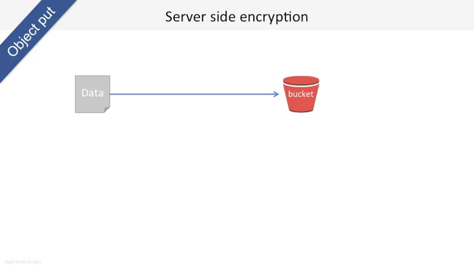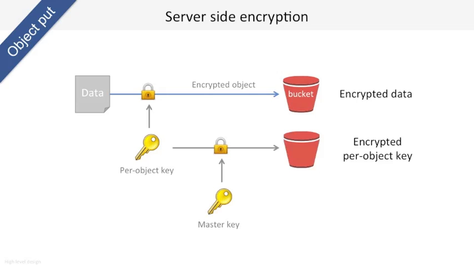So how does it work? Normally when you put an object into S3, your data is just deposited in a bucket. But with server-side encryption, we will generate a per object key, and we'll encrypt your object as it's placed into S3, and then it will reside in your bucket in encrypted form. We're generating a random key per object, and we store that object in a bucket in S3, but we're encrypting that key with a master key that is maintained by AWS.